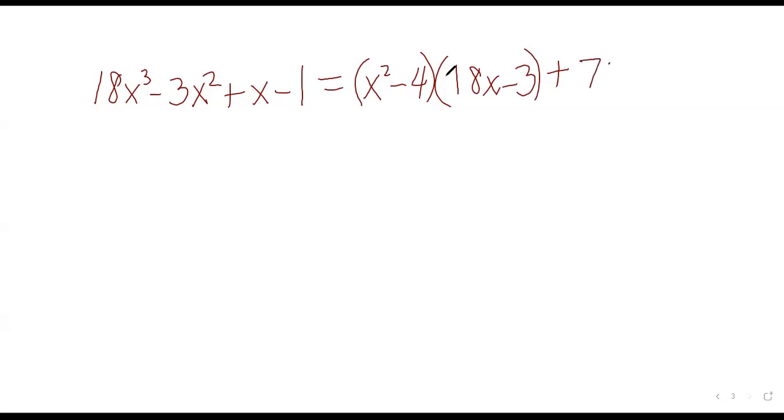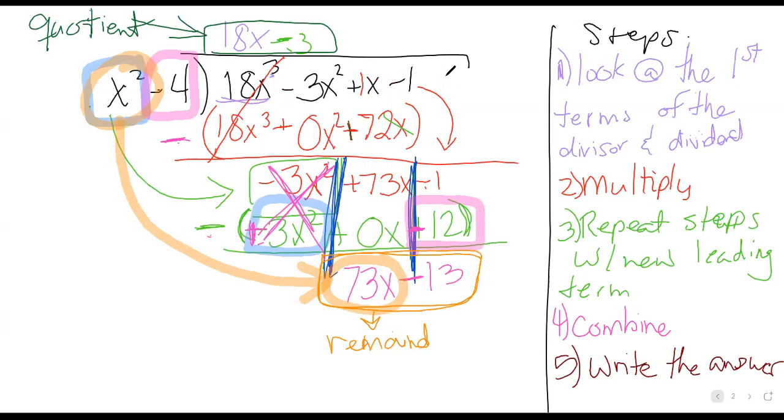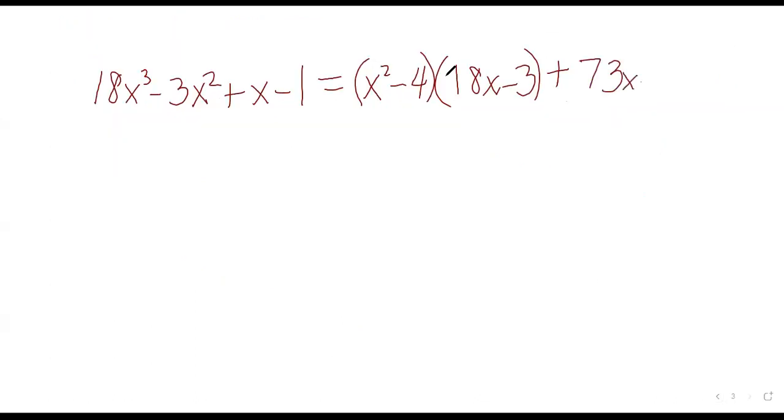You can just write 73x minus 13. And this works just as well. So look, Saturday tutoring, now you get an easier way to write the answer.